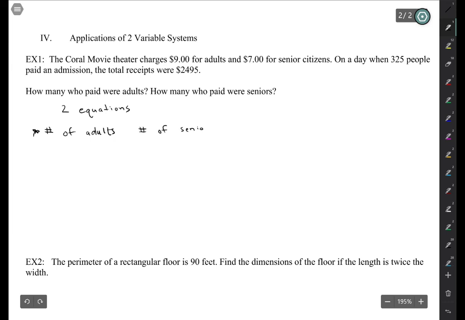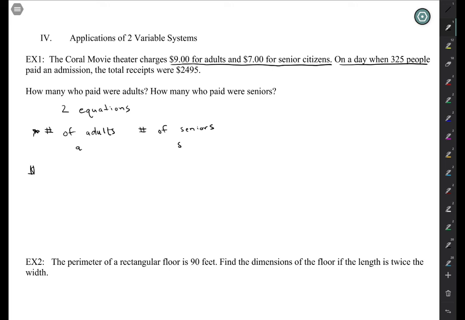So by looking at what you're trying to find first, you can let that be your variables. We'll let A be adults and S be seniors. So when we look back through now, we can start to put our words into equations. Now, you want to try and keep units in the same equation. So let's look first at the money.